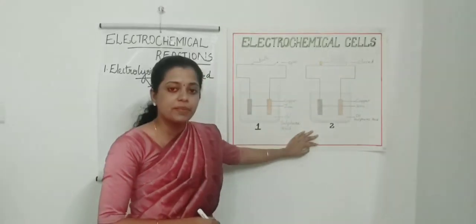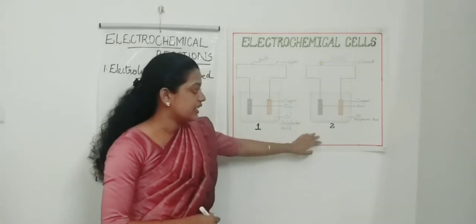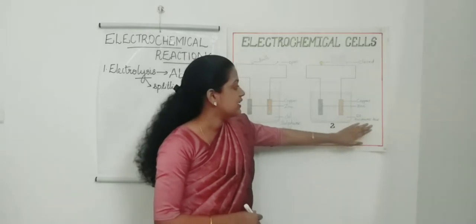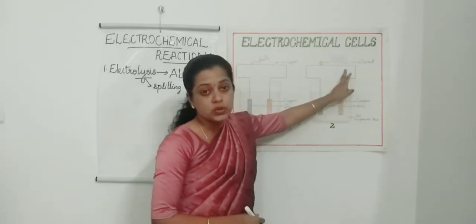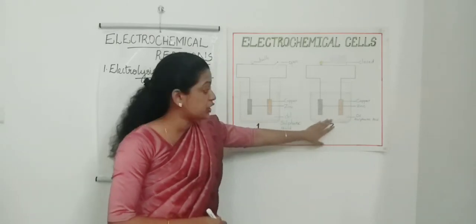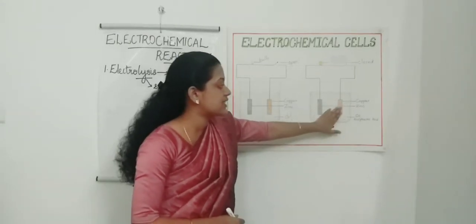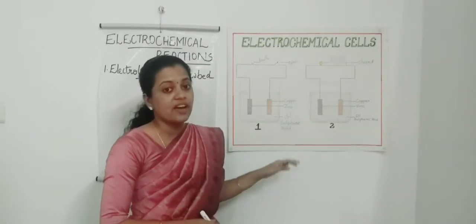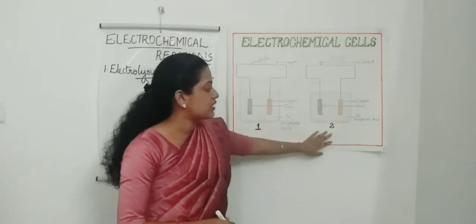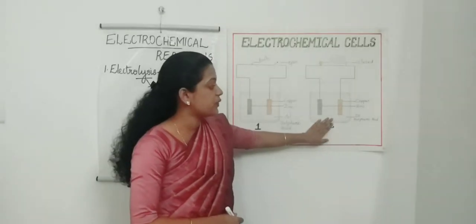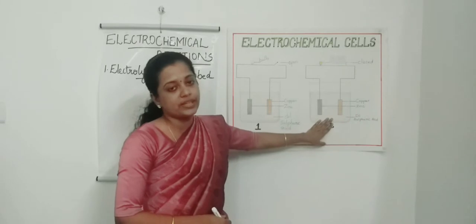So how did it happen? Yes, here we have taken dilute sulfuric acid, and when I close the switch, a chemical reaction happens between these two metals and the acid. In the previous case, we had taken copper sulfate solution. Here we have taken sulfuric acid.